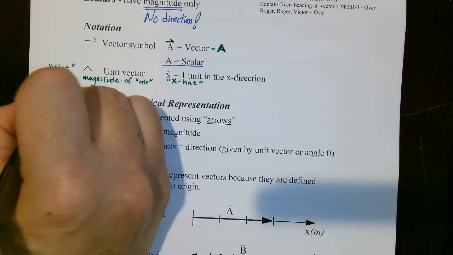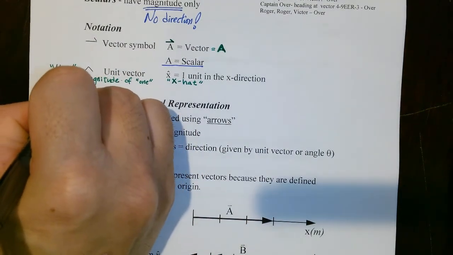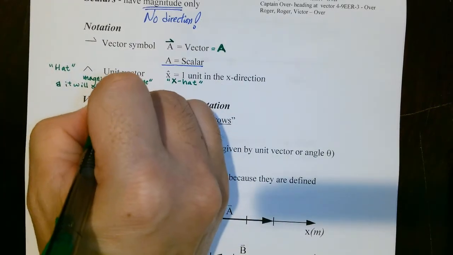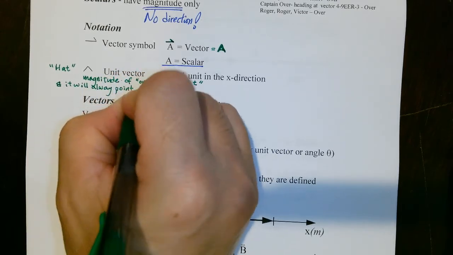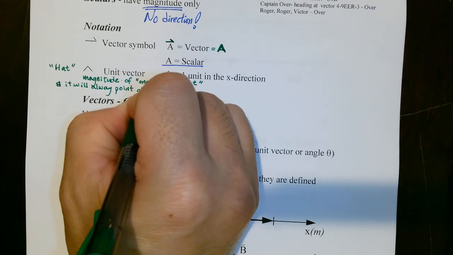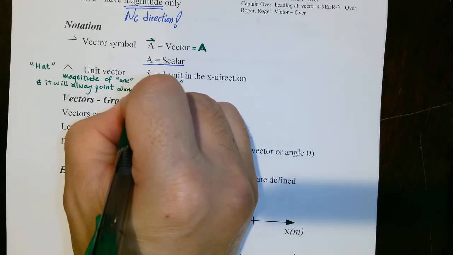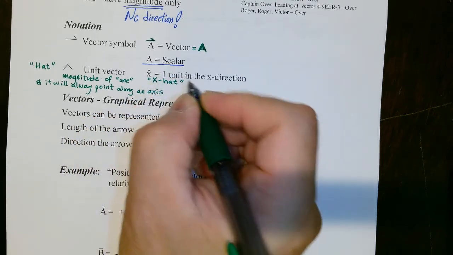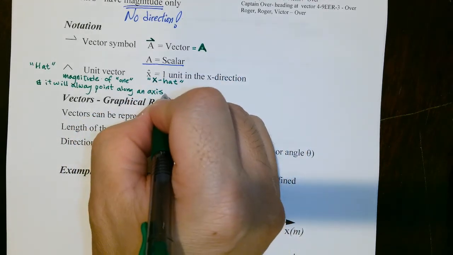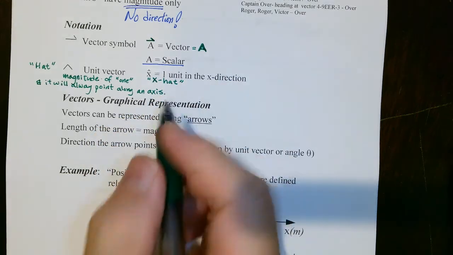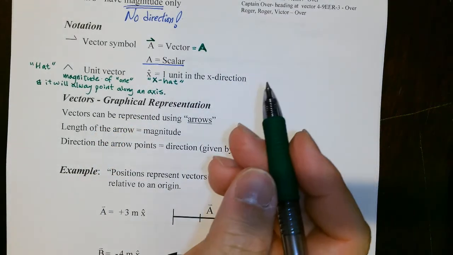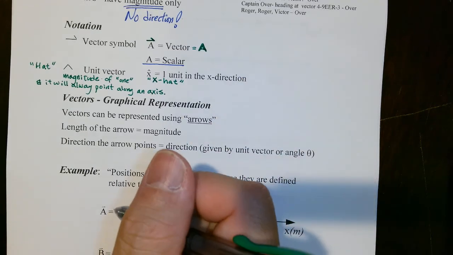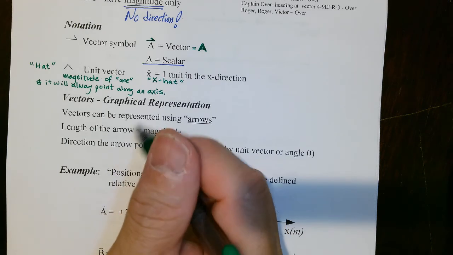And it will always point along an axis, such as the x-axis, y-axis, or z-axis. If it points along the x-axis, we call it x-hat. If it points along the y-axis, we call it y-hat. When it points along the z-axis, we call it z-hat.